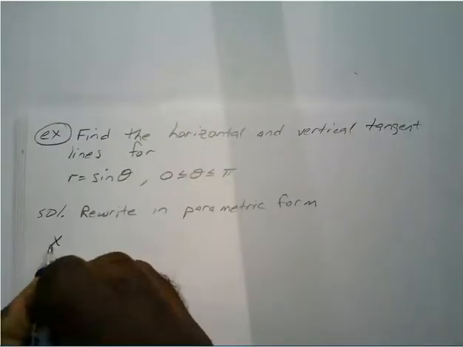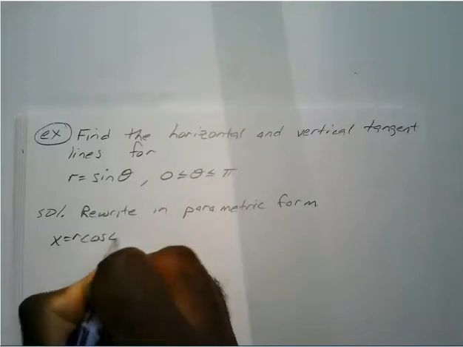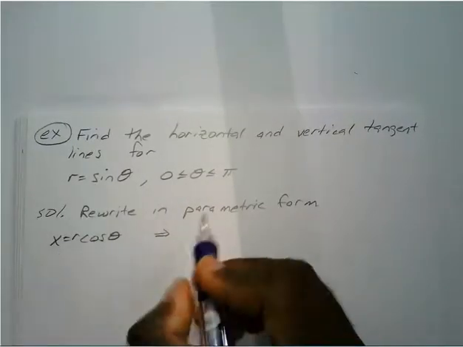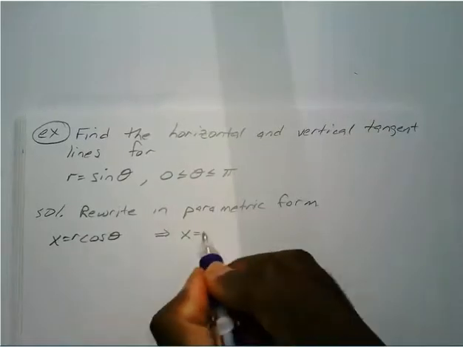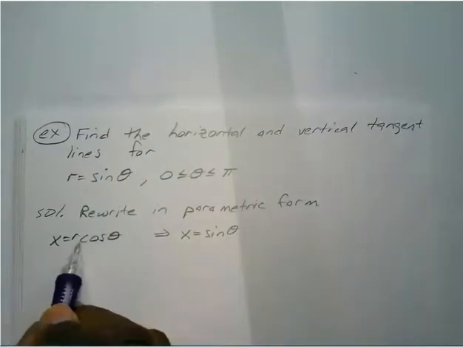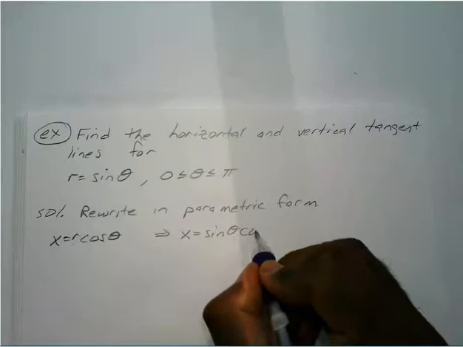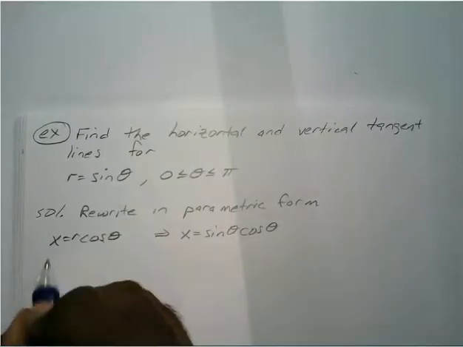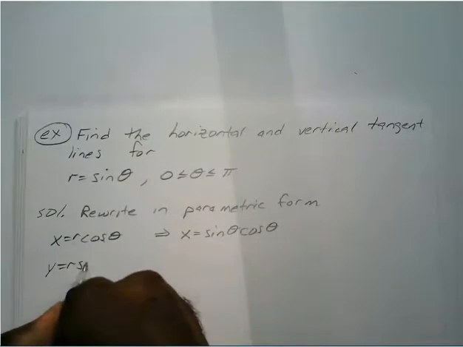Okay, so x equals r cosine of theta. Since r is equal to sine of theta, we'll make x equals sine of theta cosine theta. Okay, and y is equal to r sine of theta.